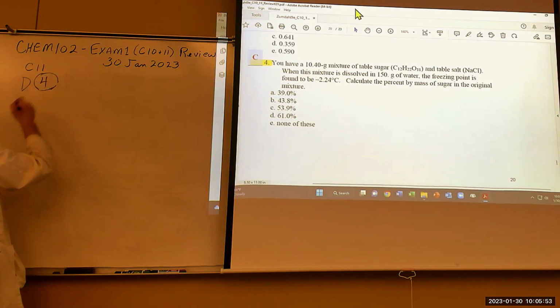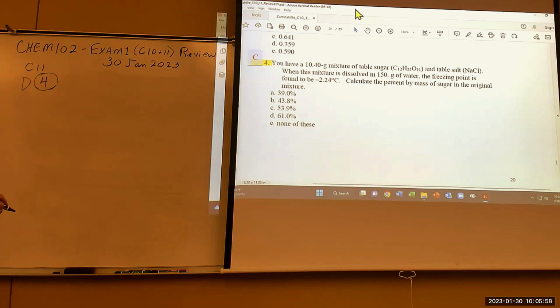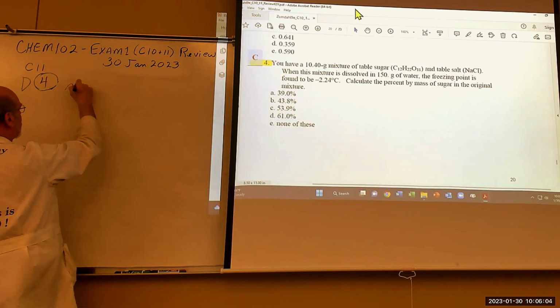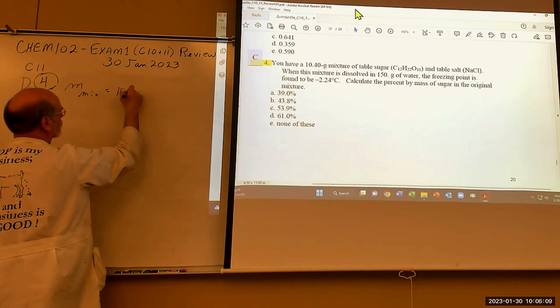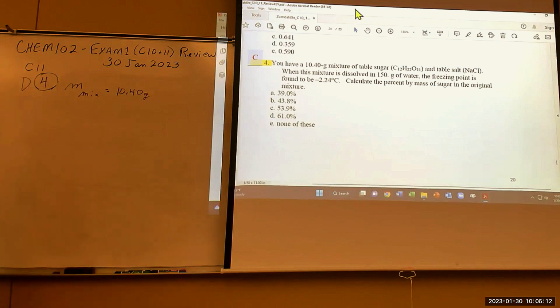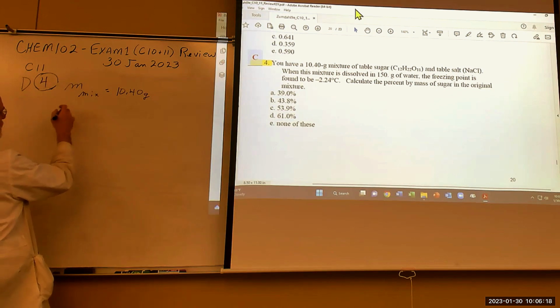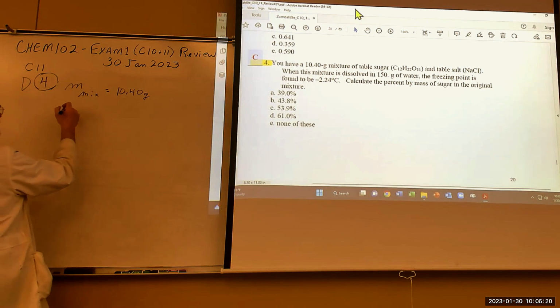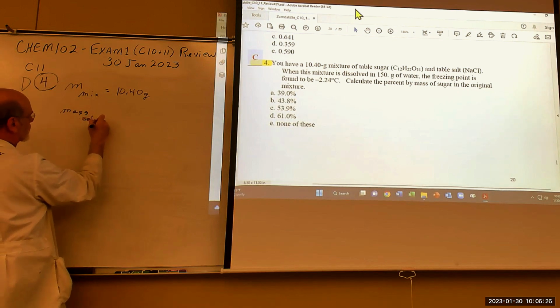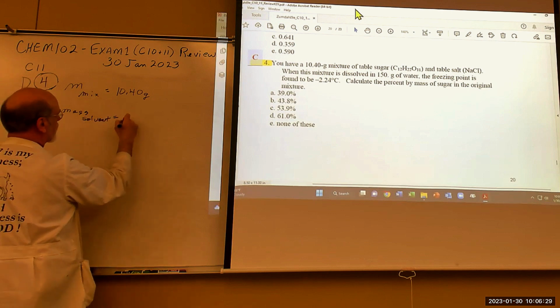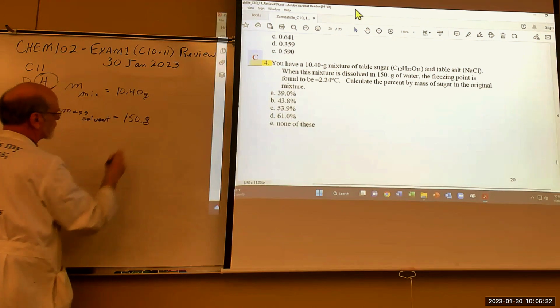MF4. You have a 10.4 gram mixture of table sugar and table salt. Okay, so we've got mass of mixture equals 10.40 grams. When this mixture is dissolved in 150 grams of water, okay, so the mass of the solvent equals 150 grams.